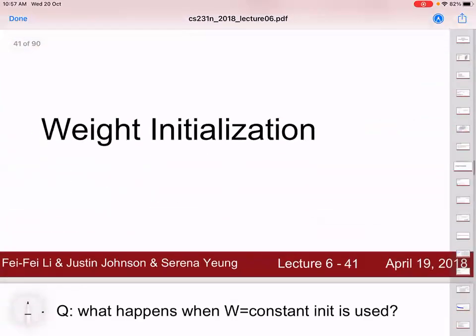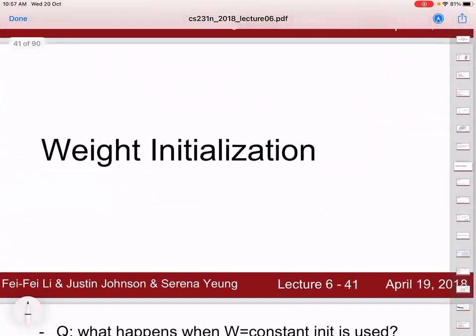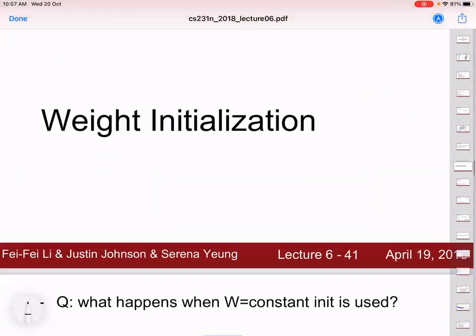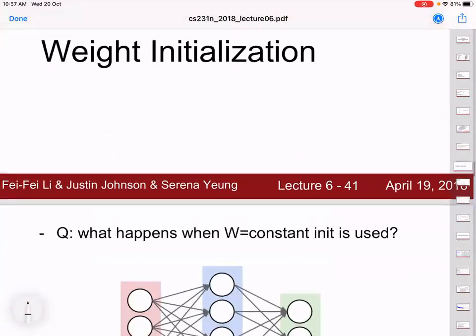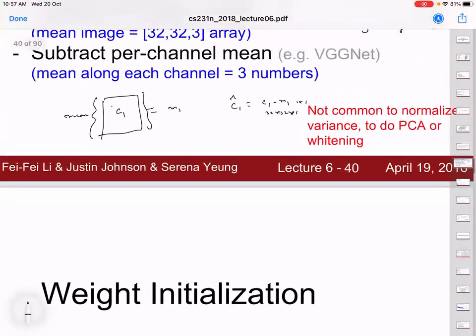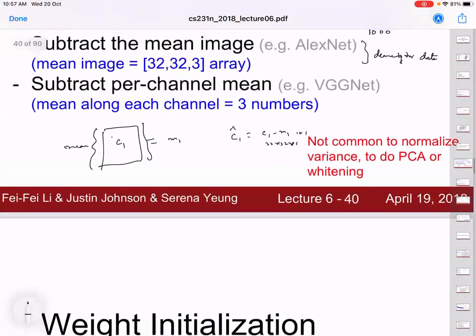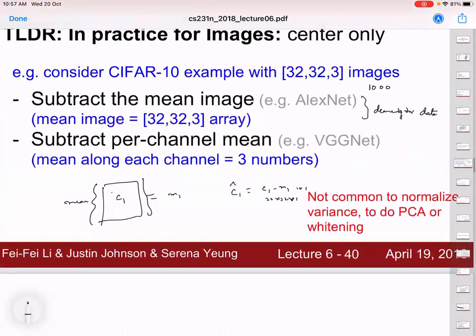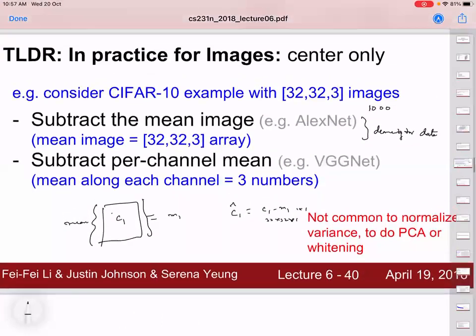Hope this is clear. The next aspect is how we initialize the weights. Weight initialization also plays a very important role. We have discussed a few aspects of it, but there are some other important aspects to be considered. Then we will discuss the training of neural networks, especially at the beginning, what the loss should be, and what the checkpoints are while training.